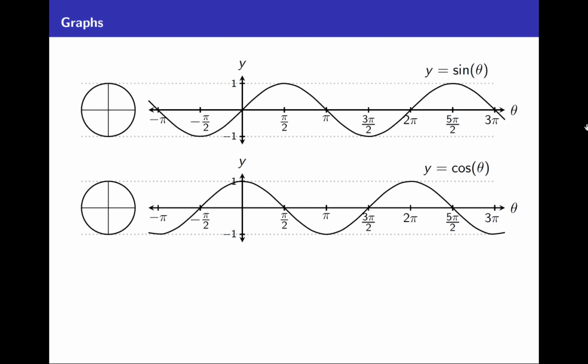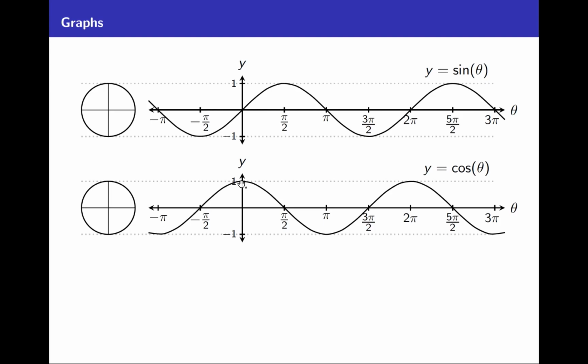For the graph of cosine of theta, we could do the same thing. Here's a reference unit circle. As theta goes from 0 radians to pi over 2 radians to pi radians, cosine, being the x-coordinate, starts out at 1, right here when you have theta equals 0. That's the x-coordinate at this point. And as theta increases to pi over 2, that x-coordinate shrinks to 0.